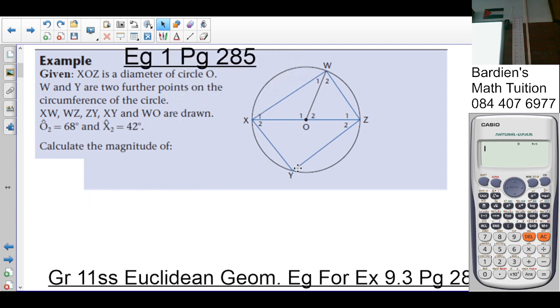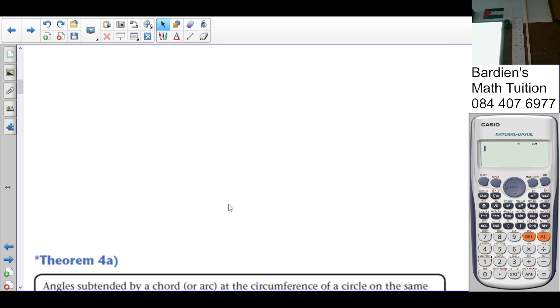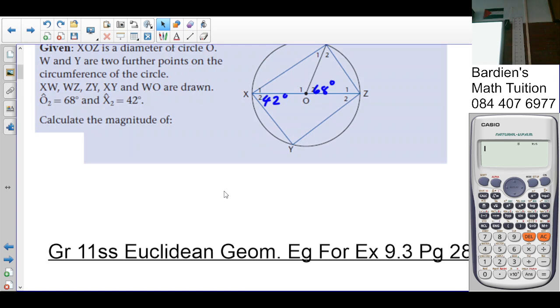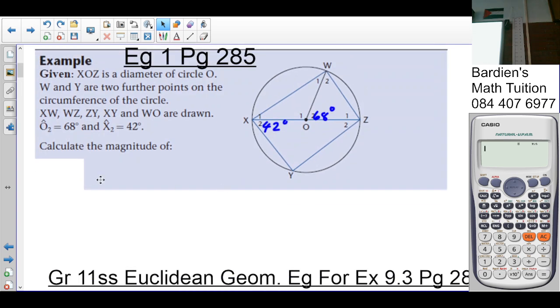Then we are told that X2 is 68, and O2 is 68, and X2 is 42. It says calculate the magnitude of, people, what is magnitude? The size. Okay, so I cut this off by mistake. So let's just get the questions.